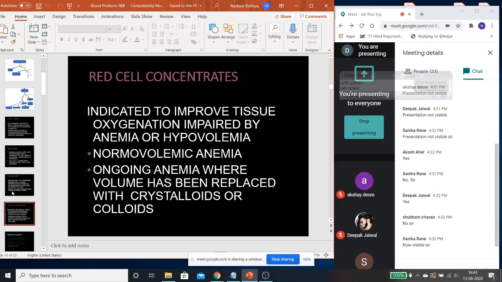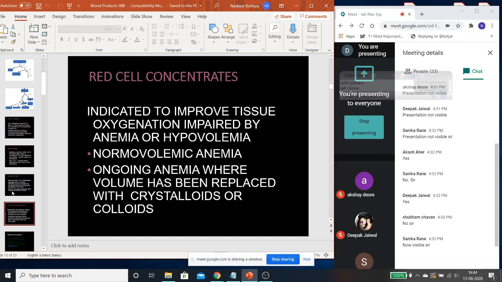So in that case, we can give plasma expanders, which make up the volume, plus packed cell concentrates, so that RBCs are also available. If we only give dextran and such plasma expanders, they will increase the volume, but they will not increase the level of RBCs.